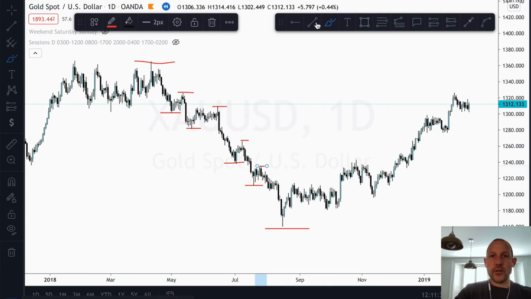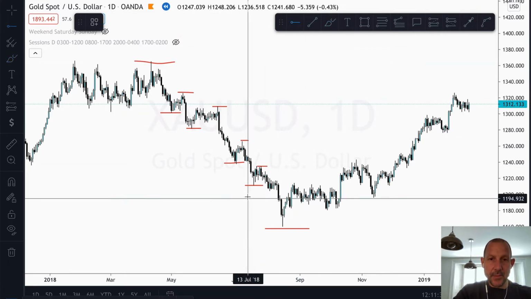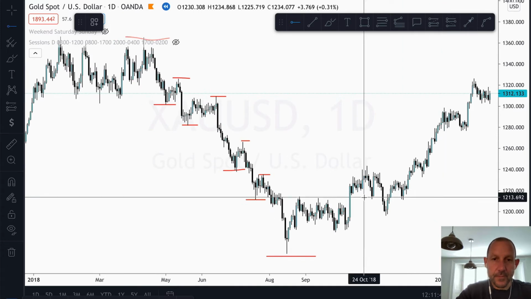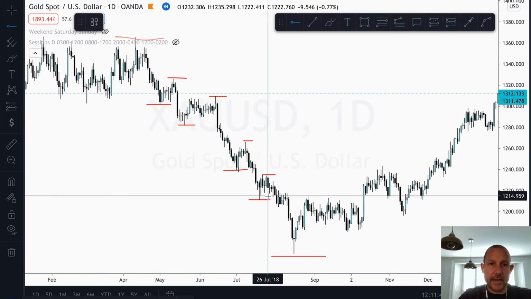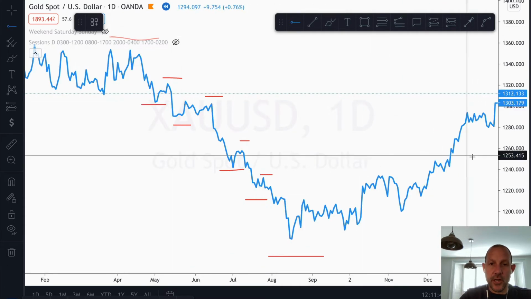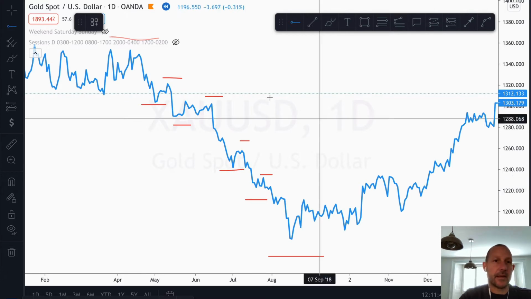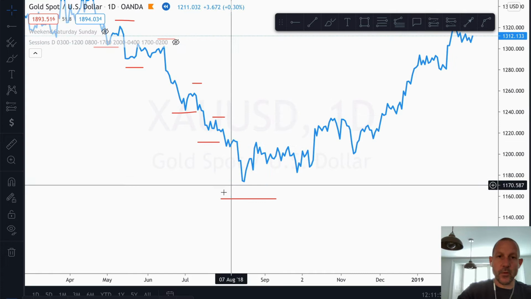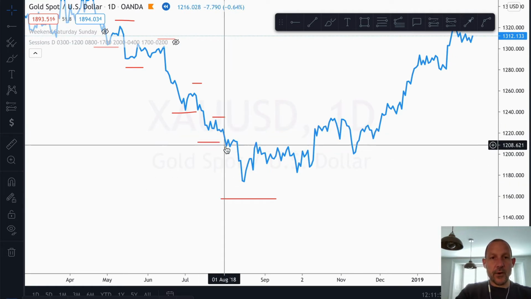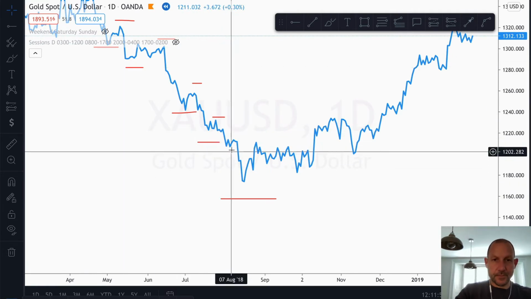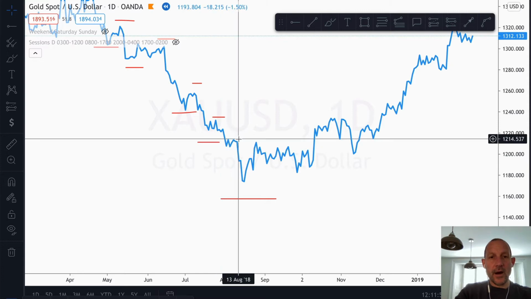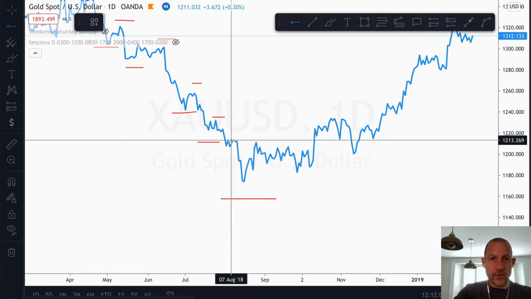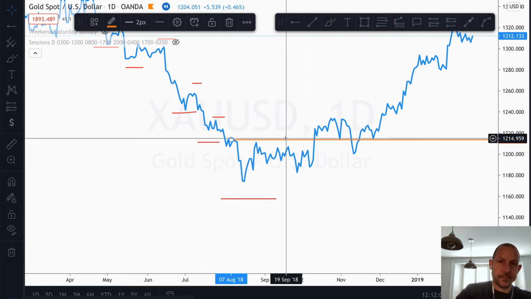So our actual structure point, at this point, our last kind of swing high, if you like, is just here. Now, if you put it on the line chart, you can actually see this a lot better. Let me just remove all that. So as you can see, we've got the lower low here, lower high is here. So this is our last swing point, which is right there, okay?